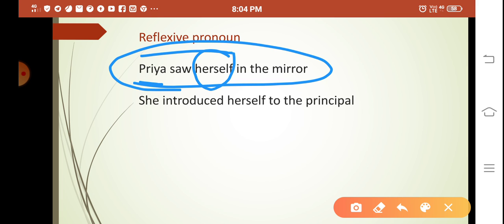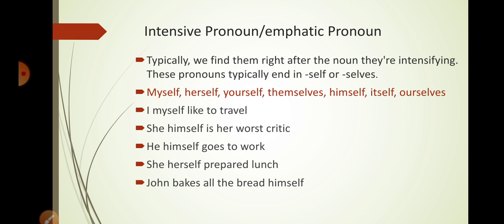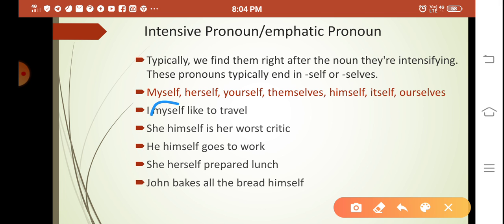She introduced herself to the principal. It means she did that job. Without this reflexive pronoun, it is meaningless. It means it is grammatically not correct. Whereas in this, you can remove the pronouns here. If you remove this, it is still grammatically correct. I like to travel.